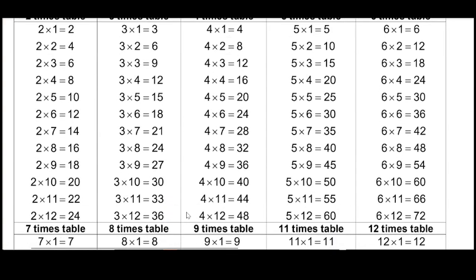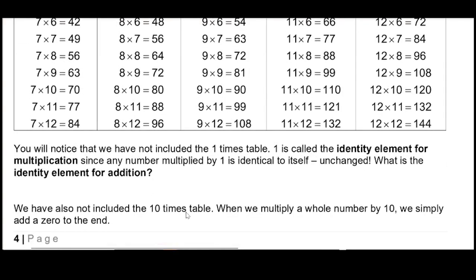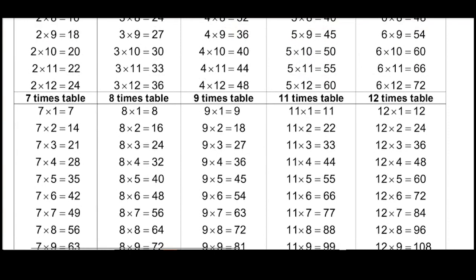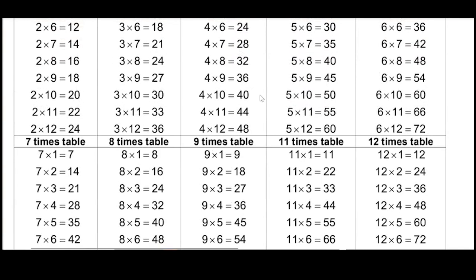Our multiplication tables are absolutely essential. We need to learn them, all right? We need to make sure that we've got them kind of down pat. As you learn them, for example, let's say you've learned up to your 6 times table, then in a way you've learned the first few of your 9 times table, because remember that 6 times 9 is exactly the same as 9 times 6.